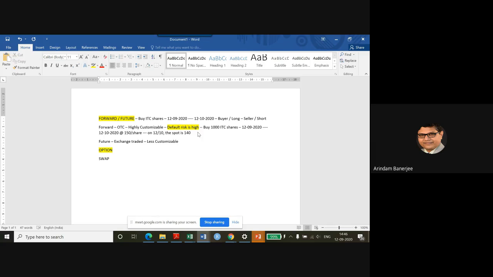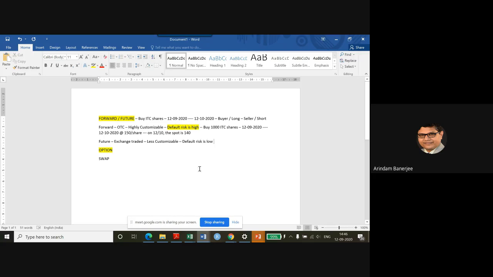Less customizable. But at the same time, the default risk is low, very low, almost nil. Why?